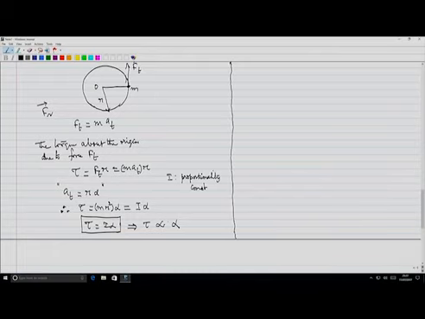Okay. This is the rotational analog of Newton's second law, F is equal to ma.